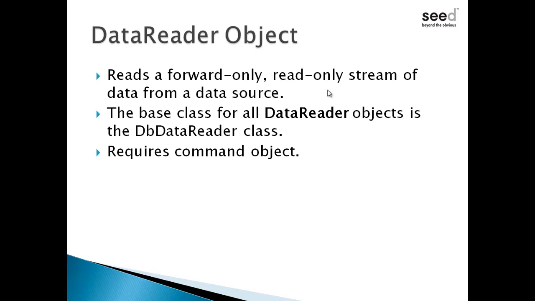So you can't go back. That's why it's forward only, and we don't use it to update our database. We use the data reader object to read only. We can't use it to update our databases. That's why it's read only. The base class for all data reader objects is the DB data reader class, and again the data reader object will work with the command object. The command object will return the result to the data reader object.